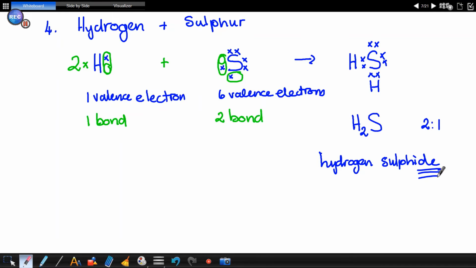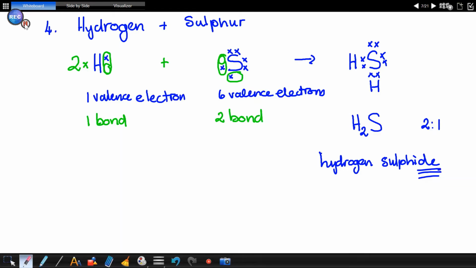The element's name changes to an IDE. Hydrogen sulfide. Okay. There is a quicker way to see this without these crosses, but first I want you to understand why it is like that.